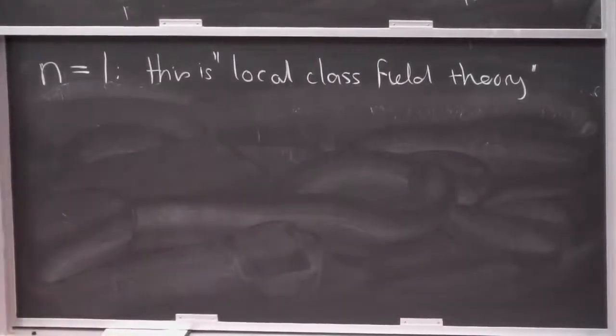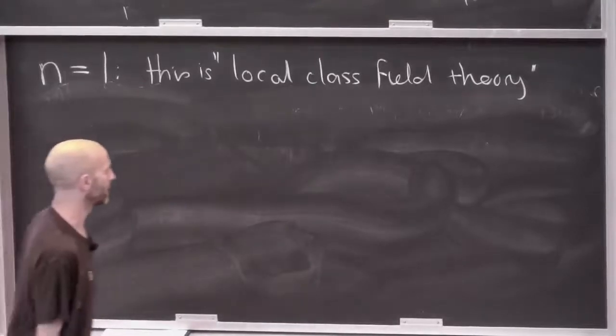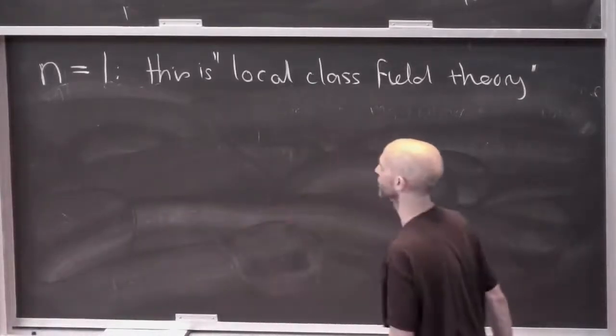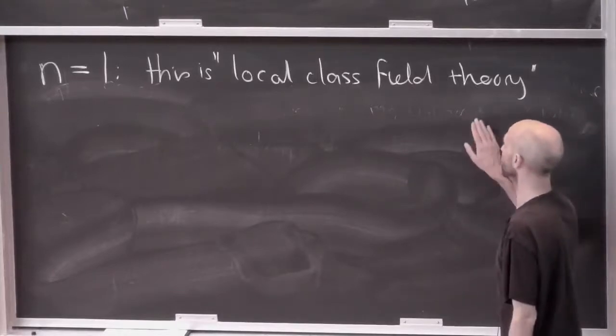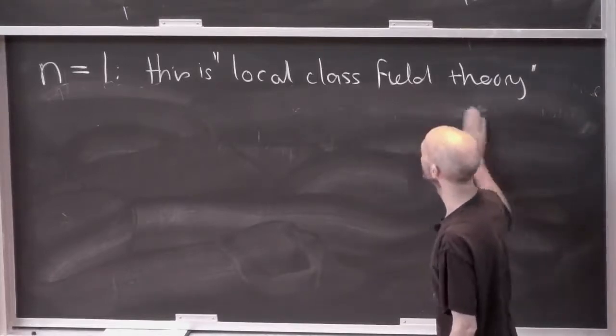The main theorems of global class field theory were proved around the turn of the century before last, in the early 1900s, in some form at least, before p-adic numbers had even been invented or discovered.